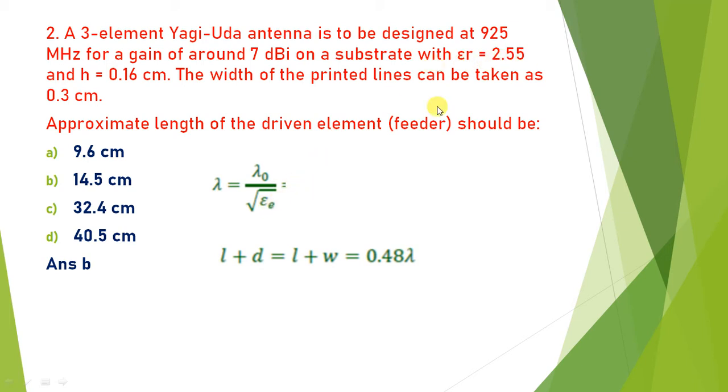Generally epsilon e is less than epsilon r, so you can take it as 1.5, or 1.1. Generally 1.1 is the standard value of epsilon e for any antenna. So put epsilon e, find the value of lambda 0 and find the final lambda. Put lambda in this place and solve for L. In that case, you will find that L must be equal to 14.5 centimeters. So the answer is B.